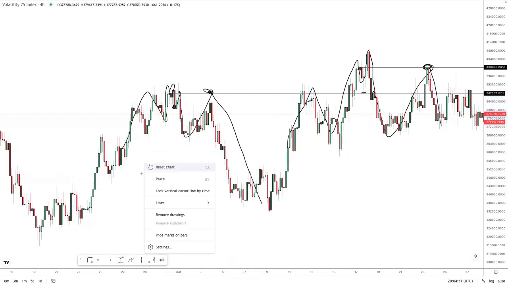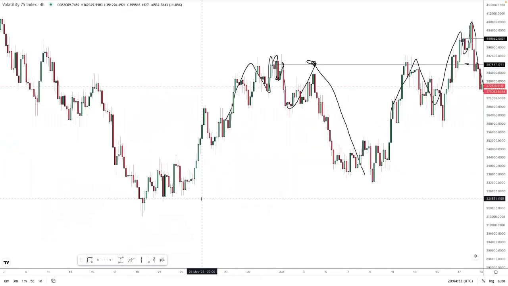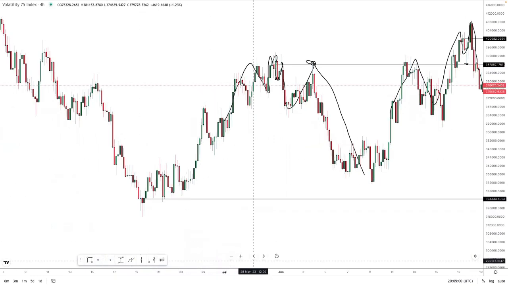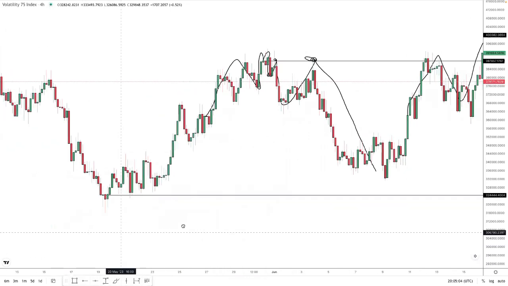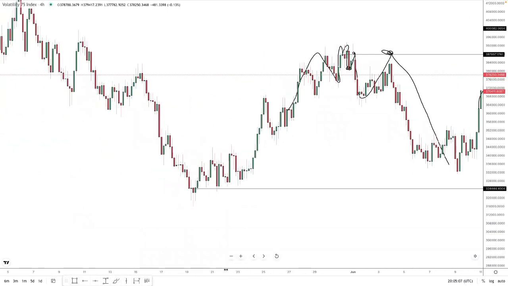And also right here. Remember, when you talk about the second last structure, a structure can also be made with a single candlestick. It is not a must that a structure should be made out of many candlesticks.